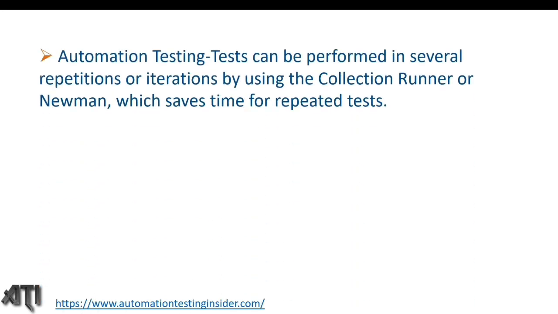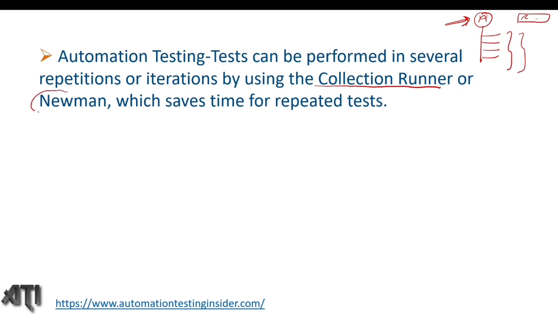Automation testing. Tests can be performed in several repetitions or iterations by using the collection runner. This is what I was talking about. We can create multiple requests inside a collection, and we can run this collection as a whole. We have a runner option here. Using that we can run all the requests inside a collection at once.